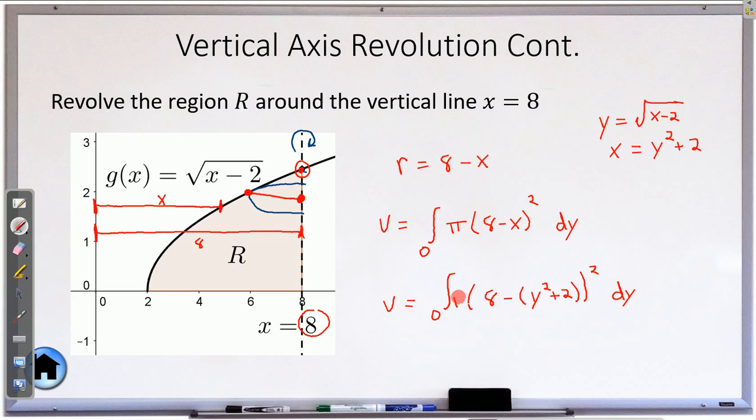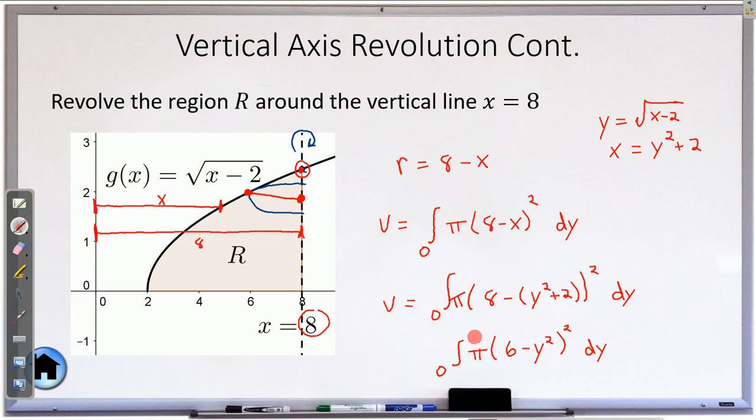Don't forget the pi. That's really easy to forget. So that will eventually become a negative y squared and a negative 2. So you could rewrite this as pi times (6 minus y squared) if you wanted to. Or you could just, if you're typing it into the calculator, just put the extra set of parentheses.